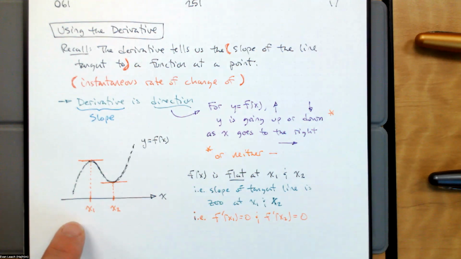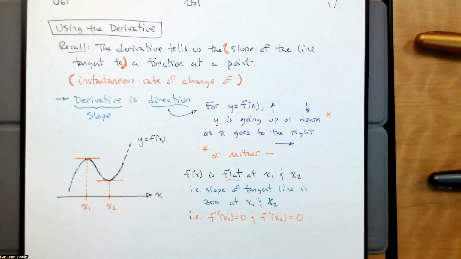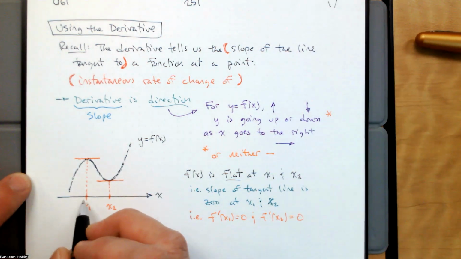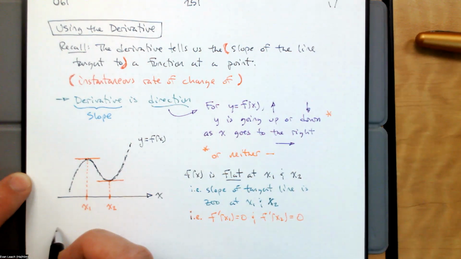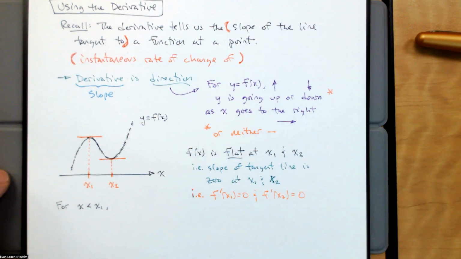Note that before x1, the values of the function are going up. The values of the function are increasing. Before x1, the function is increasing. So in this region here, for x less than x1, the values of f of x are increasing.